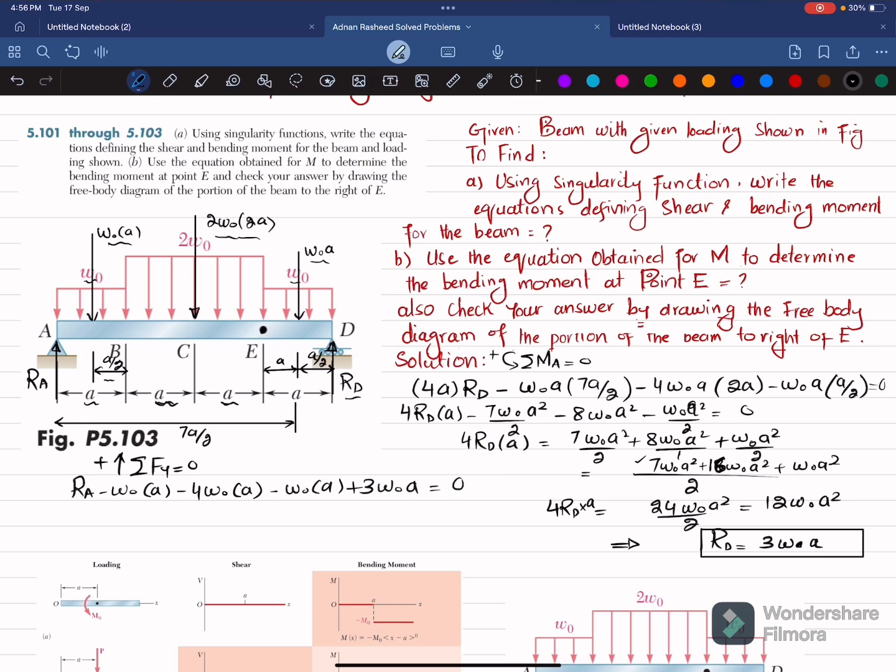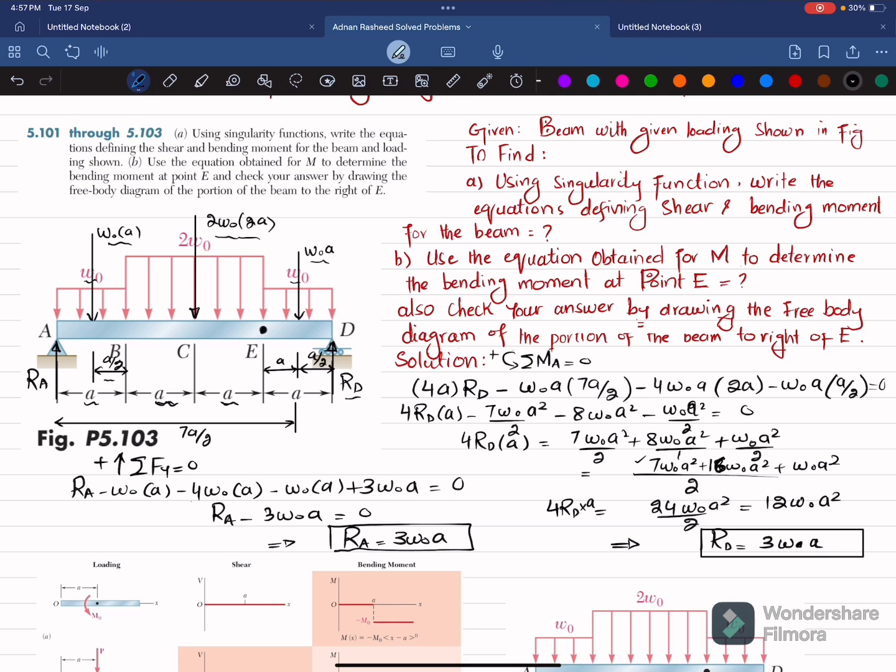So you can see this will be minus 4 minus 1 minus 5 minus 6. So minus 6W naught into A plus 3W naught into A will give you RA minus 3W naught into A is equal to 0. So from here you will get RA will be equal to 3W naught into A.